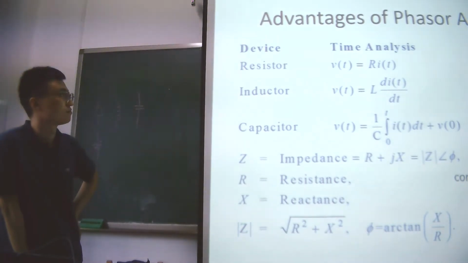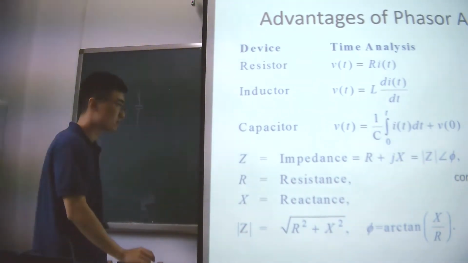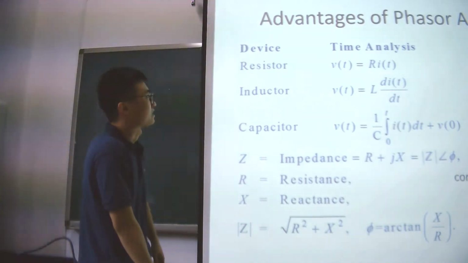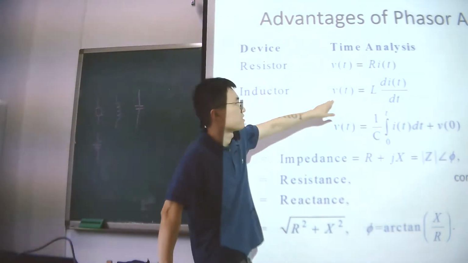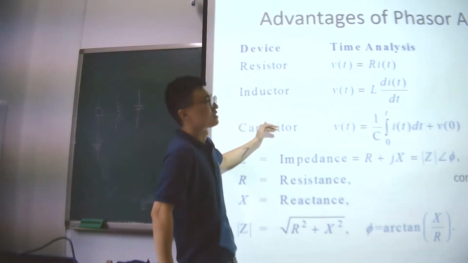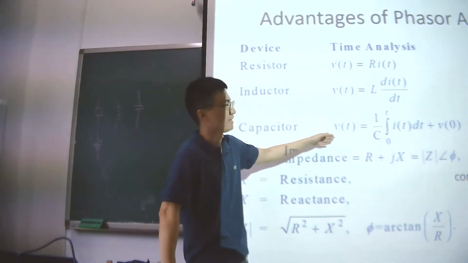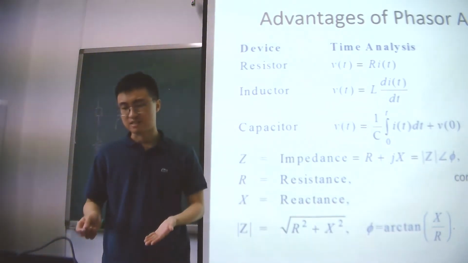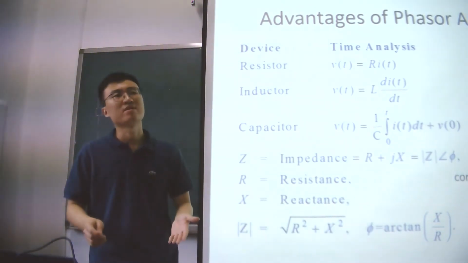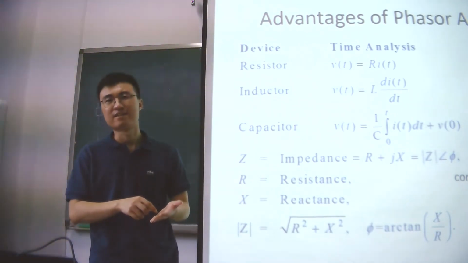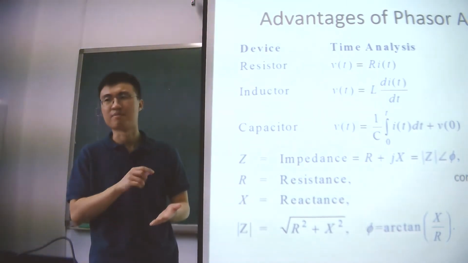Impedance is resistor and imaginary of inductance. Real. So you can see that the impedance, these voltages in these three devices in the time domain, is actually much more difficult. So the formal name of this class is steady state analysis of power systems.